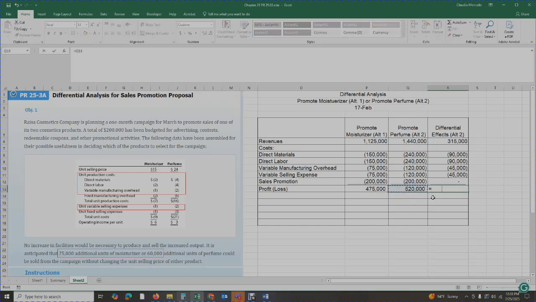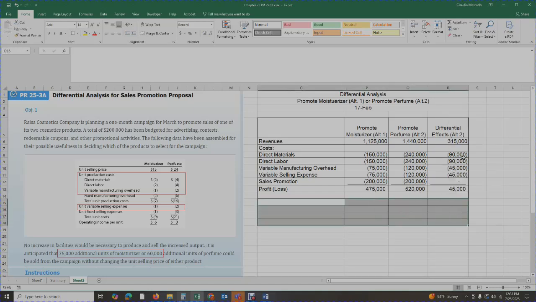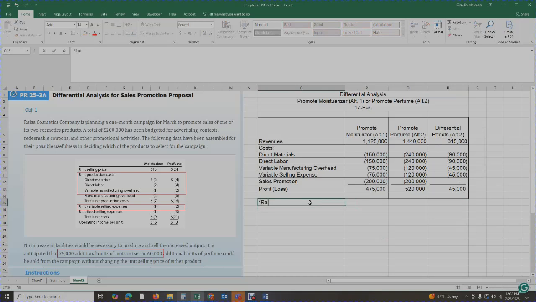So now we're going to compare the perfume to the moisturizer. If we choose alternative 2, which is the perfume, it's going to yield us an additional 45,000 in income versus if we choose the moisturizer. So based on the calculations that we have done, we can say that Razor Cosmetics should promote the perfume.